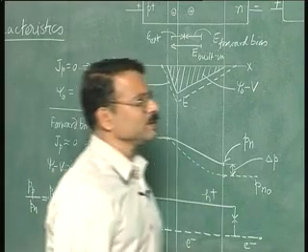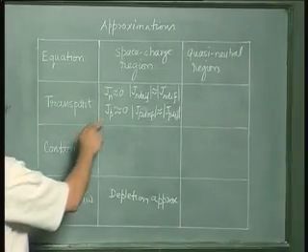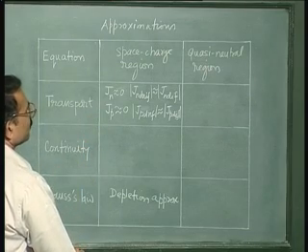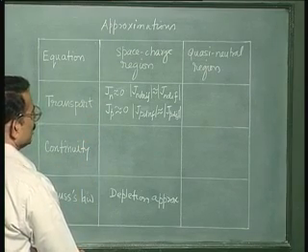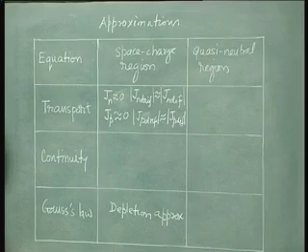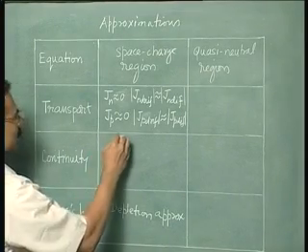So we will list the assumption that we are making here. In the space charge region we are assuming that low level assumption prevails. So let us list it here.